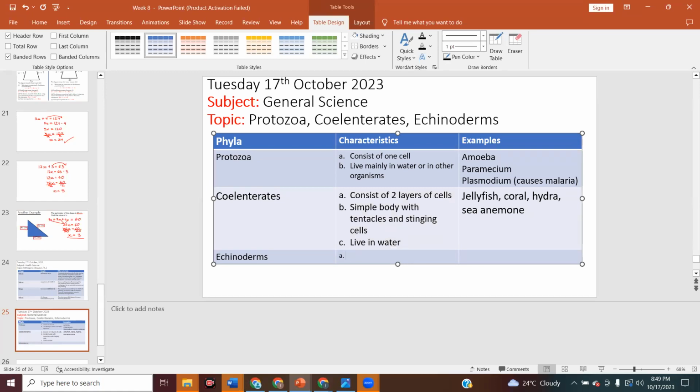So their body has a pattern of five parts, okay, for the echinoderms. Also, they often have spines. Now, when we say spines, we ain't talking about backbones, okay? And they live in the sea.